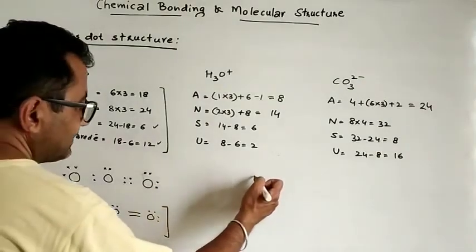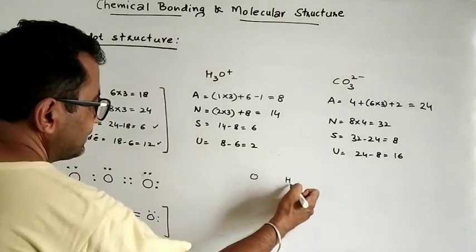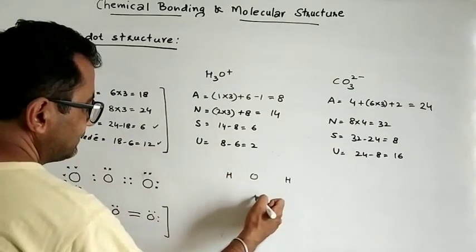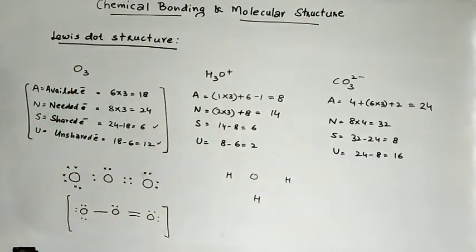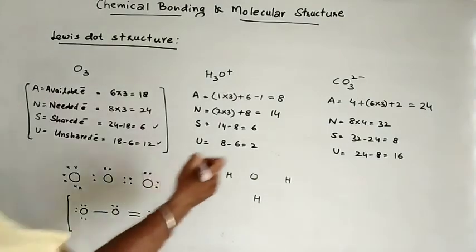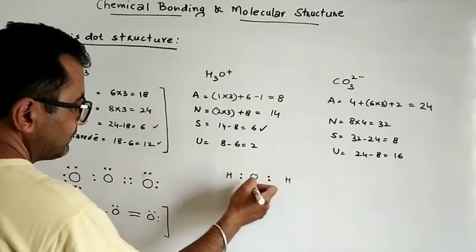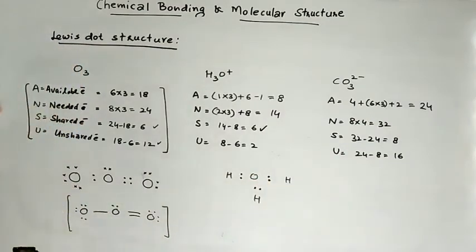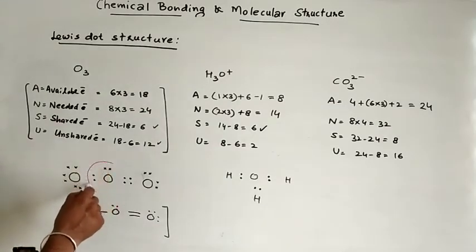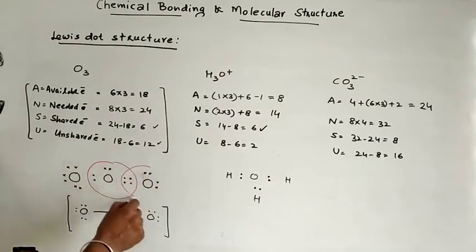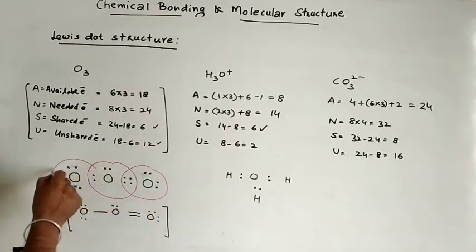Write the skeleton of this: oxygen, hydrogen, hydrogen, hydrogen. Put the bond pairs first. There are 6 shared electrons: 2, 4, 6. Hydrogen doesn't need anything more.